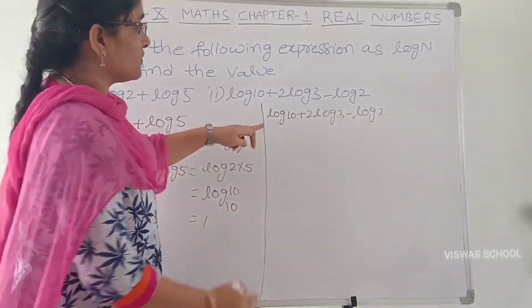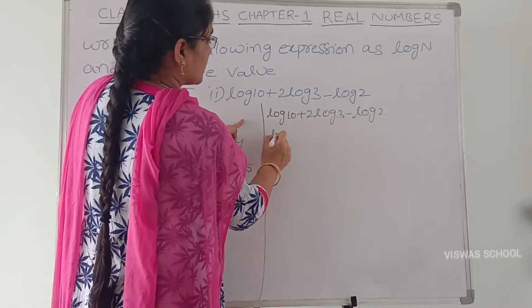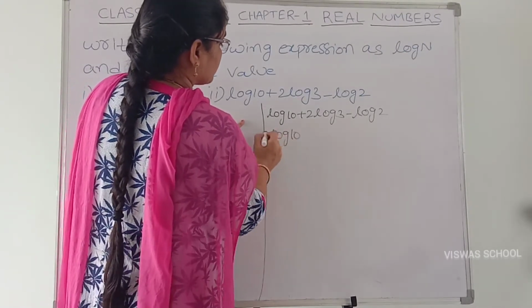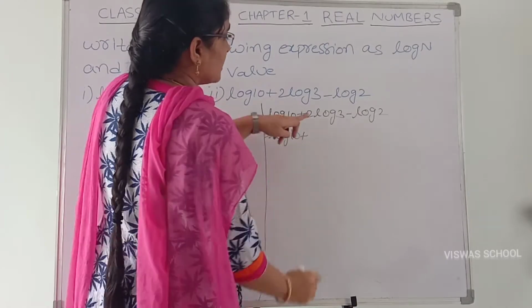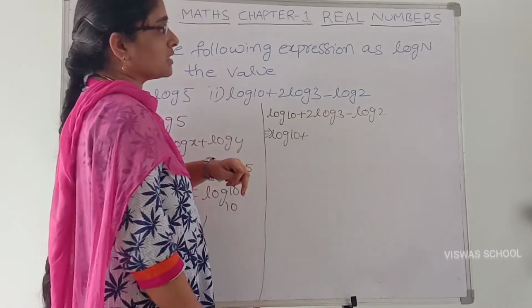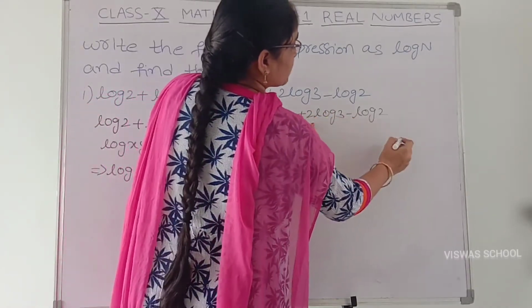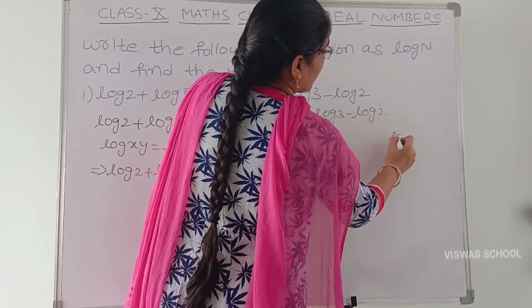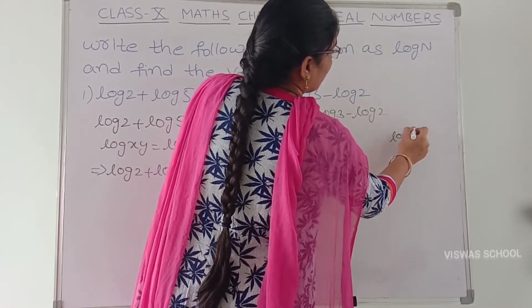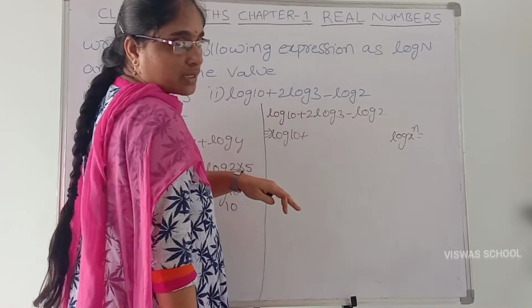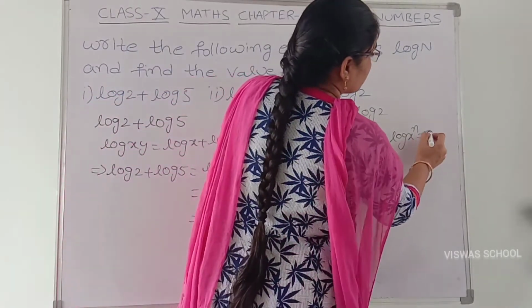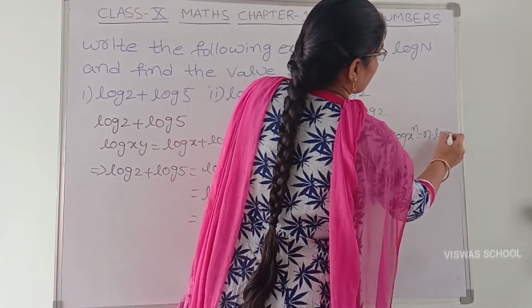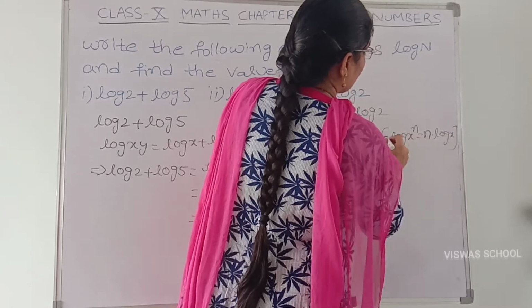First write it as log 10 plus 2 log 3. Here we have to use which condition? Log x to the power of n is equal to n into log x.